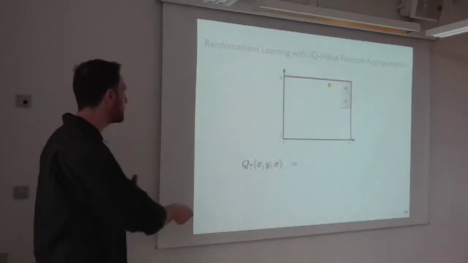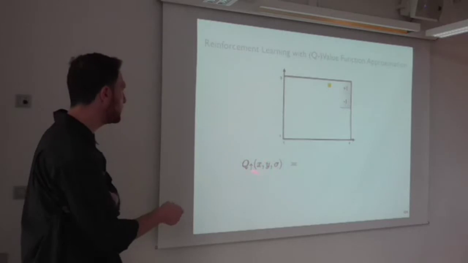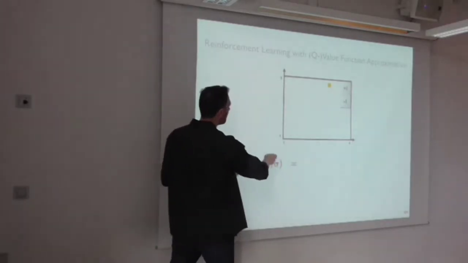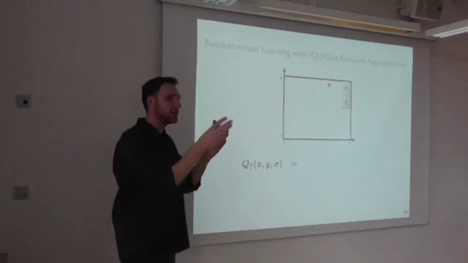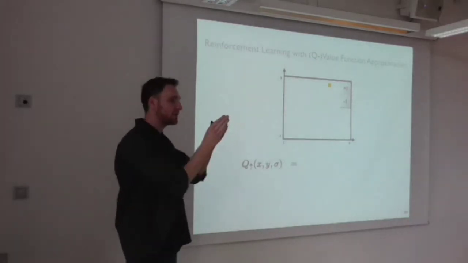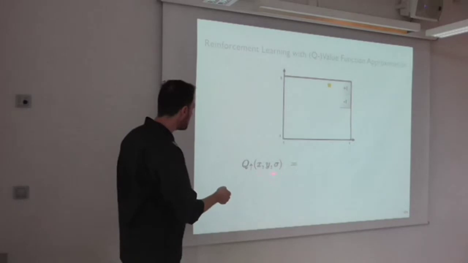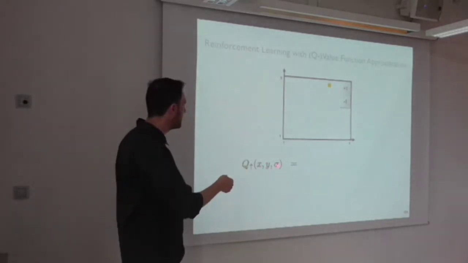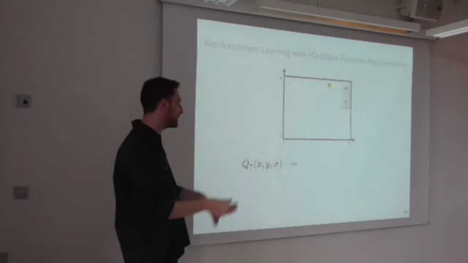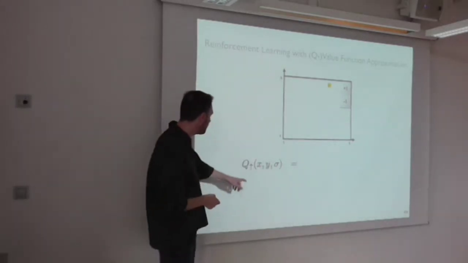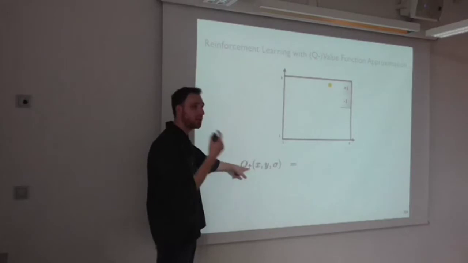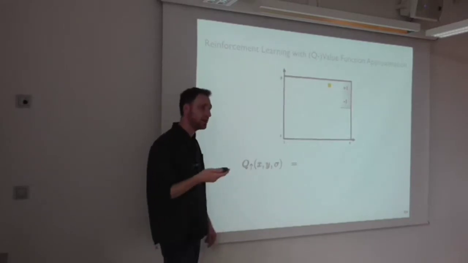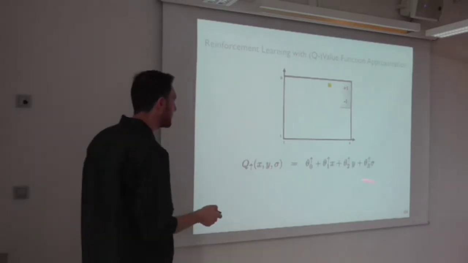Let's denote the Q value for, well, sigma doesn't really make sense, but we could interpret that this agent now also has an orientation. It's not just a point, it's turned somewhere. So given that the agent is at some x and y in this plane, and it's looking somewhere, where sigma is the angle, what is the Q function for going up? I don't know, but you could design this Q function that looks something like this.